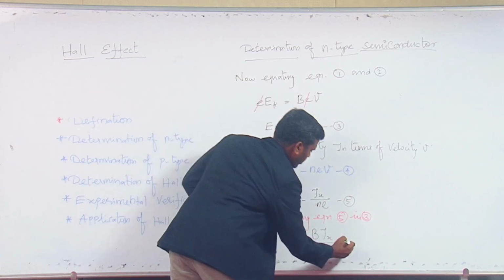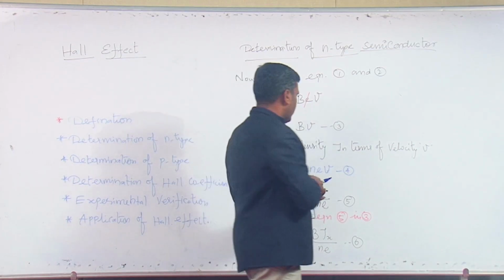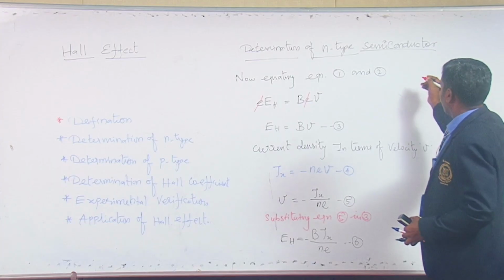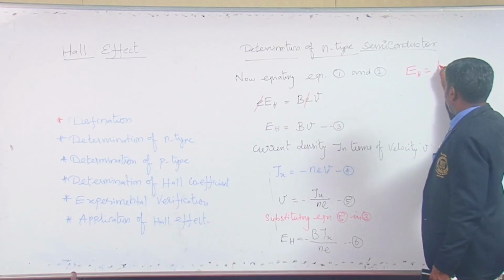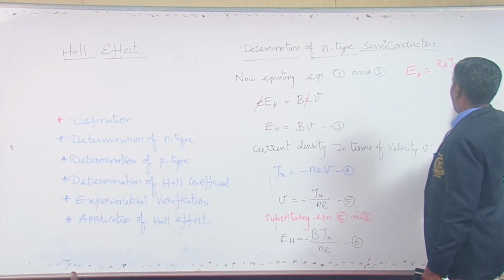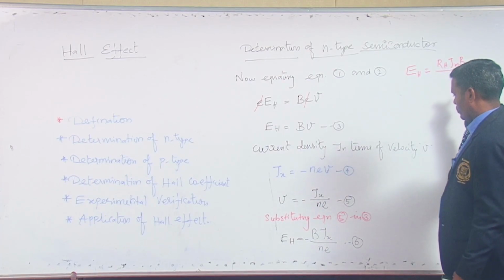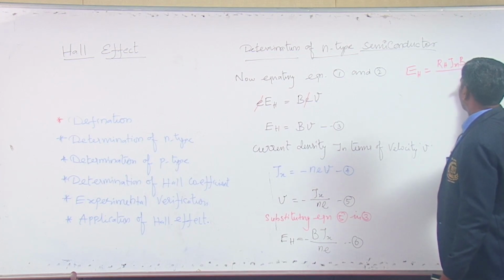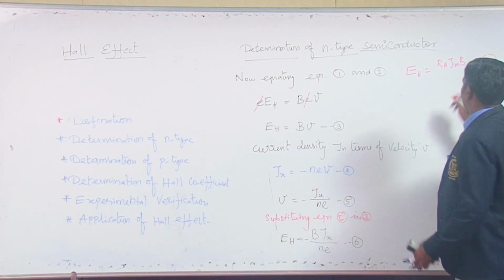This is equation number 6. From this equation you can write the Hall coefficient. EH is equal to RH Jx B. This is equation number 7.